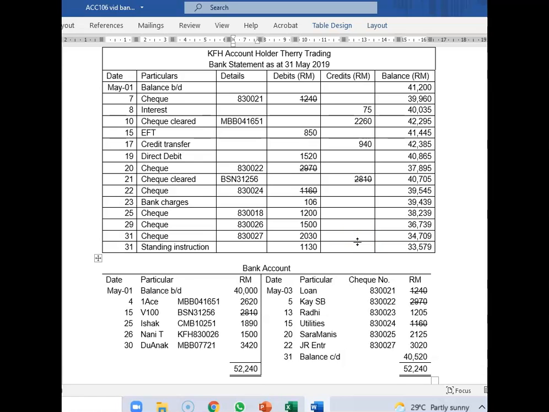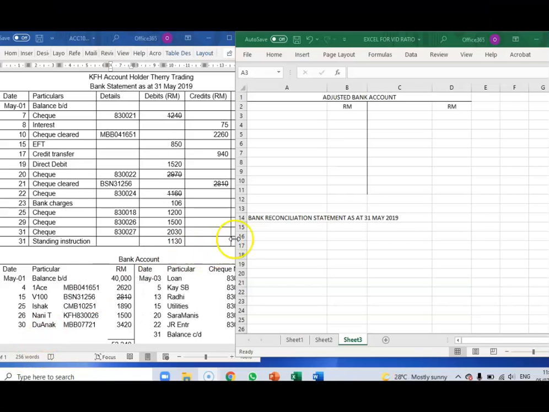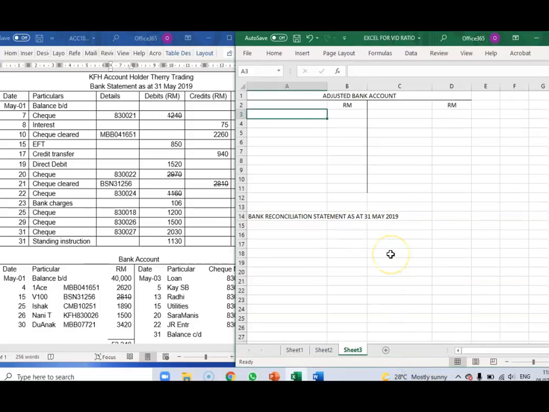So now, after you have selected the same figures, you need to open up the adjusted bank account and also the bank reconciliation format. Okay, after the comparison of the amounts, we need to open up the adjusted bank account and also the bank reconciliation statement.